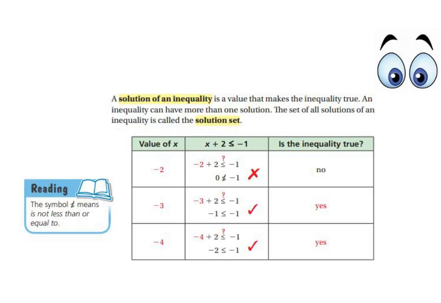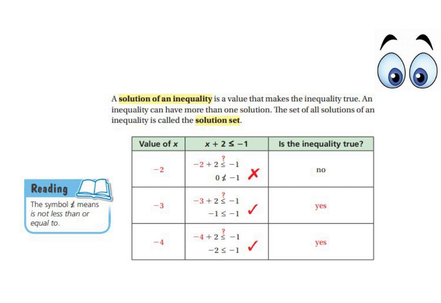A solution of an inequality is a value that makes the inequality true. An inequality can have more than one solution. The set of all solutions of an inequality is called a solution set. Please take a look at the table.